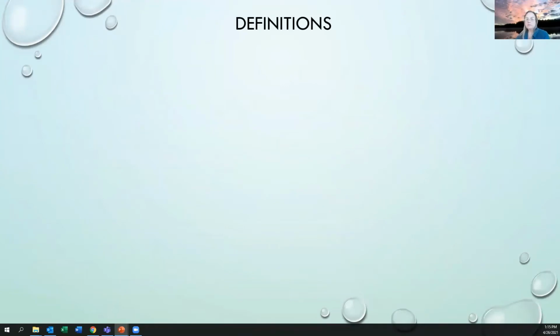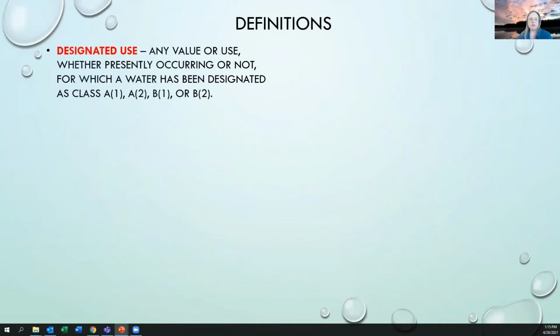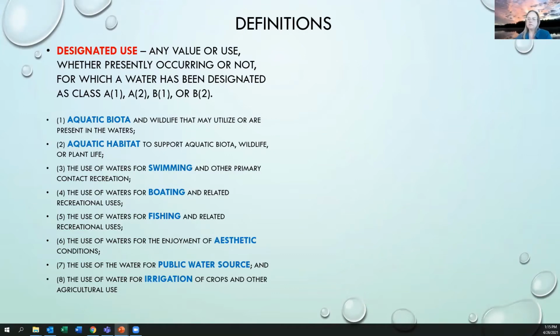So the definitions that I want everybody to understand, and there's a lot of words here, but I just want to run through this quickly. Designated use is what classifications are based on. We have a bunch of different levels of classifications, but they're all based on these 8 things.